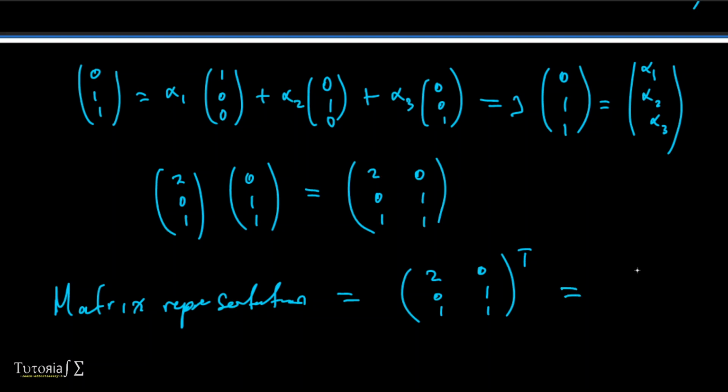So when we transpose this, we're going to have 2, 0, then 0, 1, then 1, 1.